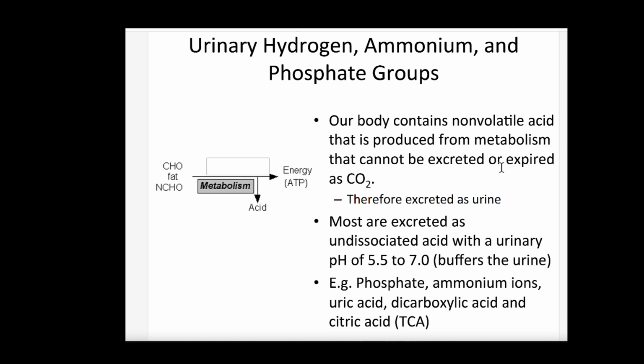Most of that hydrogen ion acid is excreted as undissociated acid that generally will buffer the urinary pH between 5.5 and 7. A pH of 5 is the minimum urinary pH. The acid excretion includes inorganic acids such as phosphate and ammonium ions, as well as uric acid, dicarboxylic acid, and the TCA acids such as citric acid.